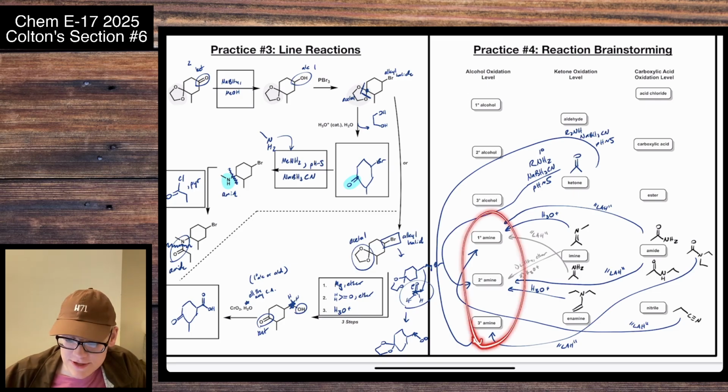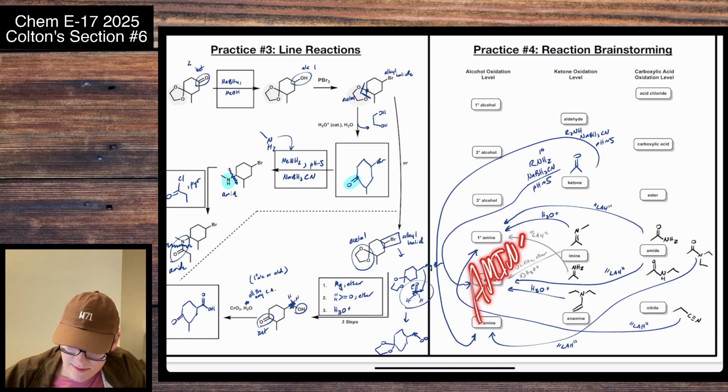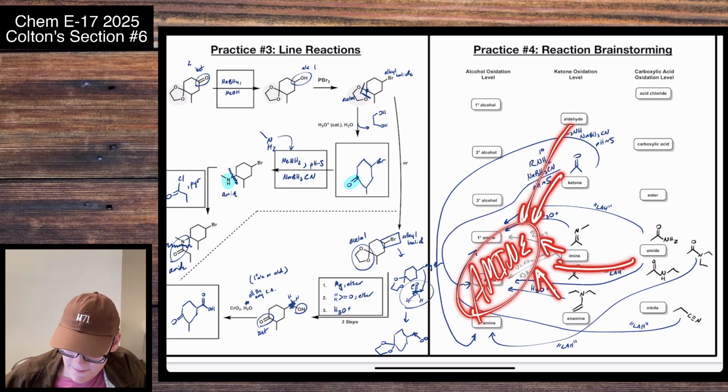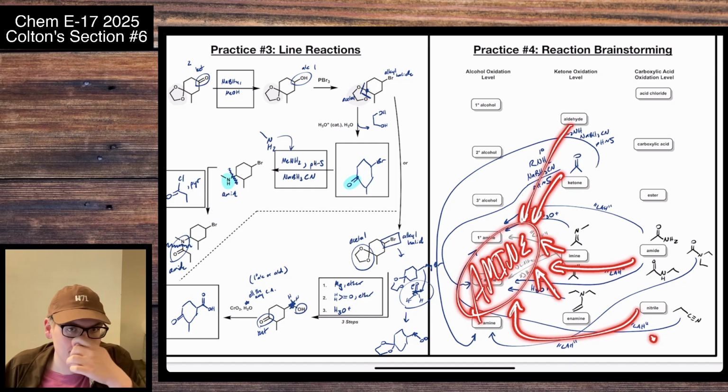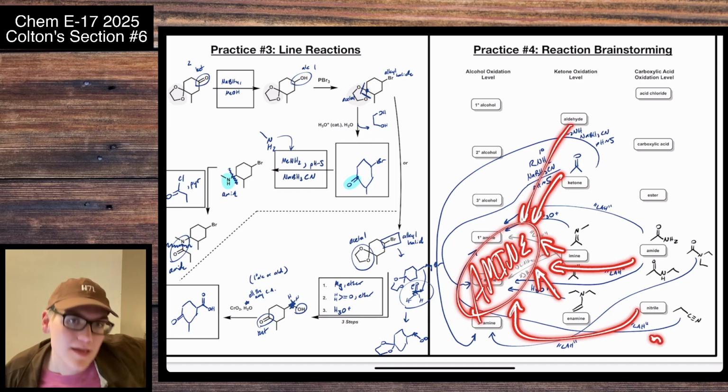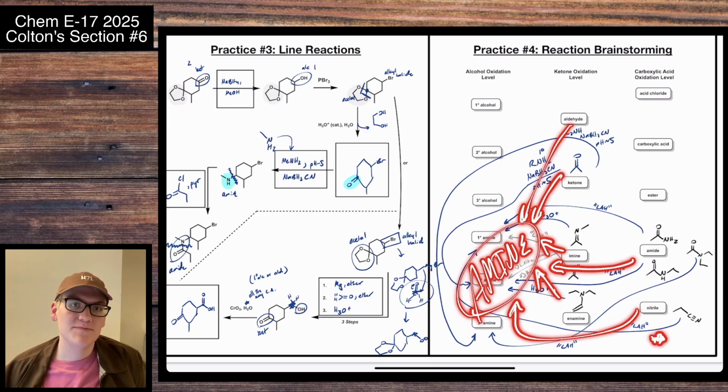In that case, we could just say amine, and we could have ketones and aldehydes forming amines. We can have amines forming amines. We got enamines. We can have amides, and we can have nitriles. So if this is super intimidating and you don't feel comfortable writing out all of them, maybe a starter step would just be don't distinguish between the alcohols and amines, the different classifications.